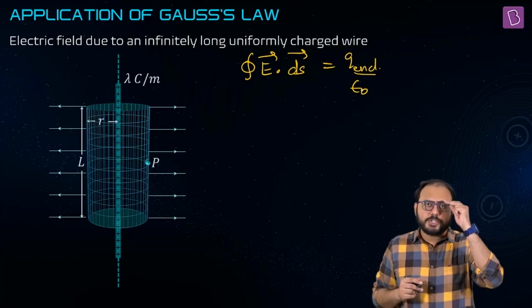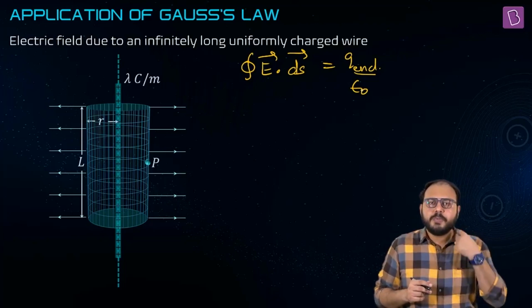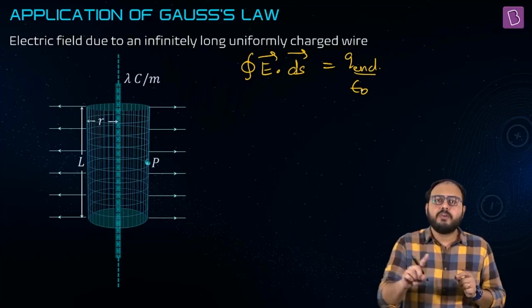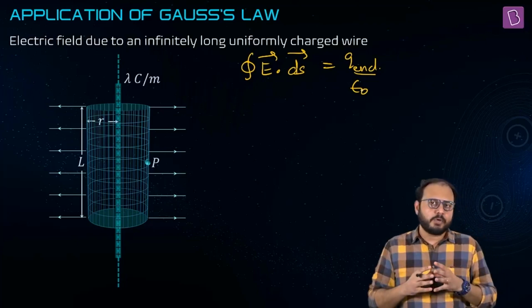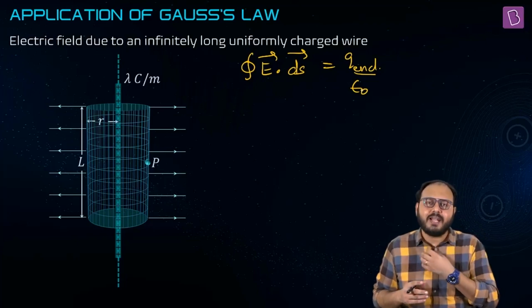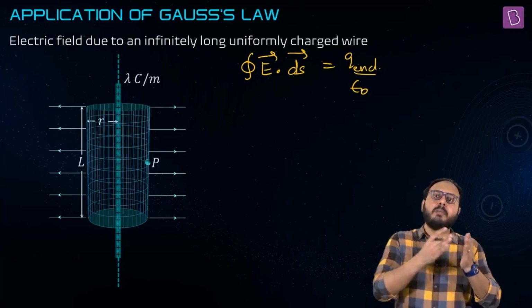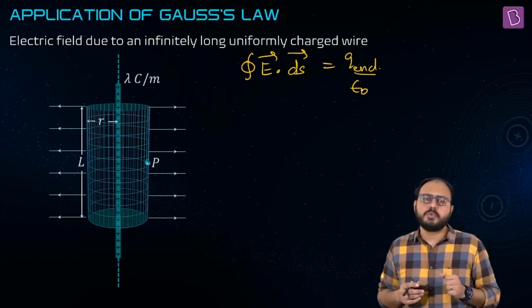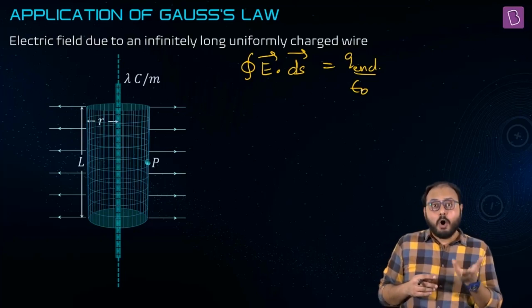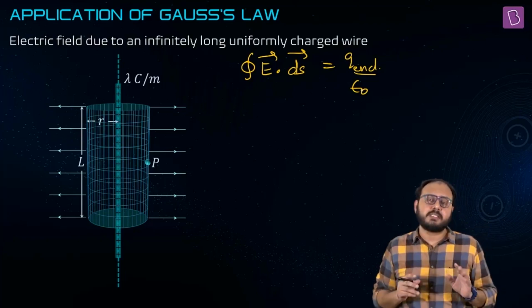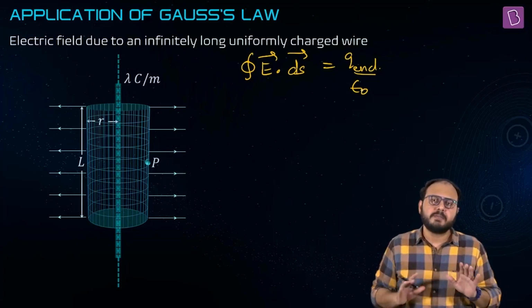The choice of Gaussian surface should be such that the electric field over its boundary is uniform, so that it is able to come out of the integral sign. If you don't choose a Gaussian surface like that, or if such a surface does not exist, then plain and simple.